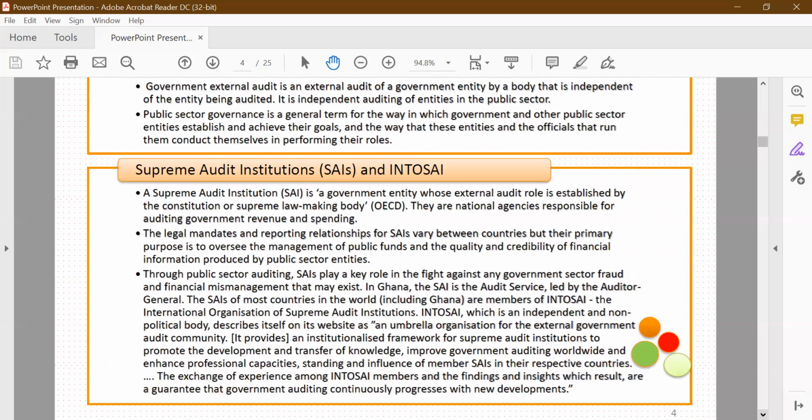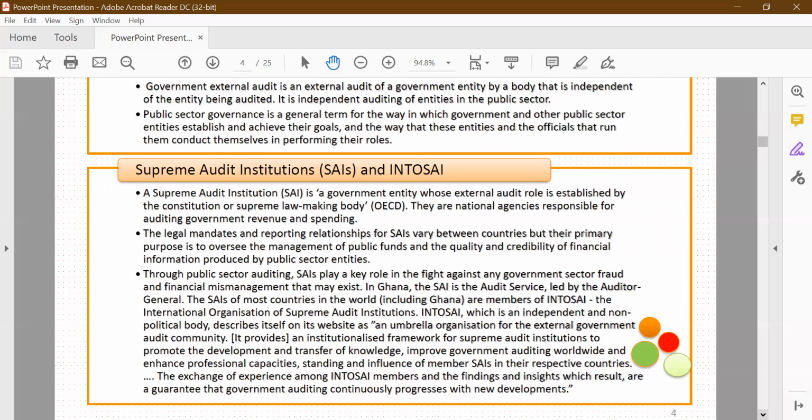Now, on to our next point. The legal mandates and reporting relationships for SAIs vary between countries, but their primary purpose is to oversee the management of public funds and the quality and credibility of financial information. So what is the whole purpose of a Supreme Audit Institution?